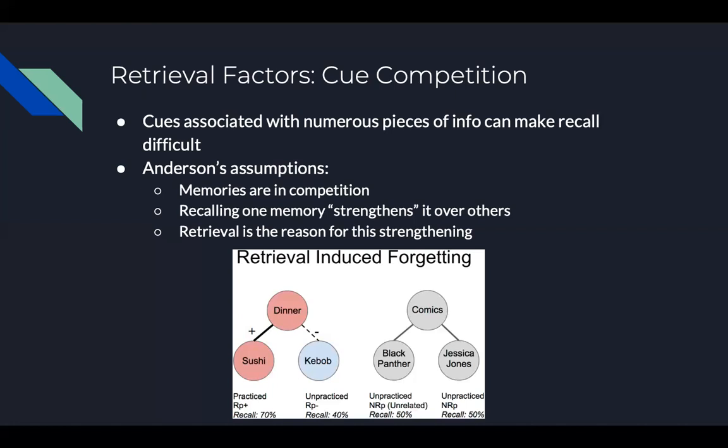And so again, there's this competition between the memories that comes from these cues being connected to several different things, rather than, well, dinner only being connected to sushi and lamb only being connected to kebab, or something like that.